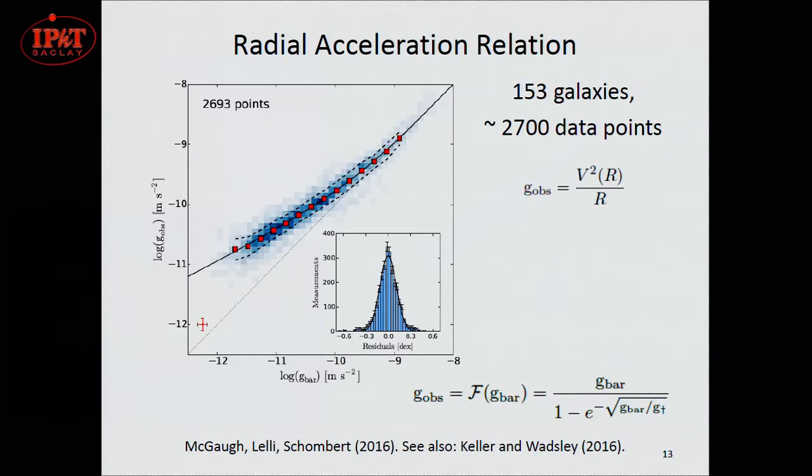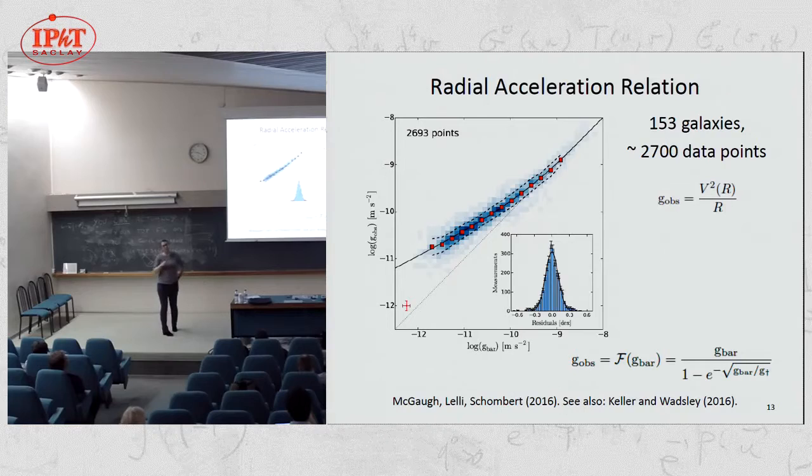So this is the full SPARC data set. So they have rotation curves and baryonic profiles for 153 galaxies.